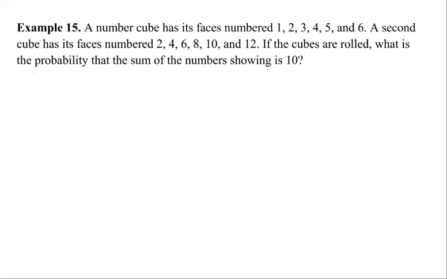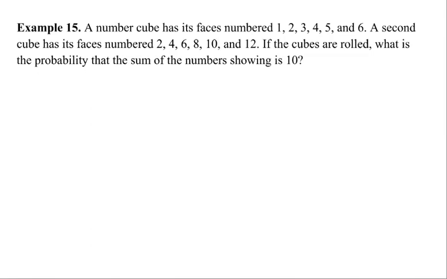Okay, let's see. So basically, it's casework again. So what you would do is find... wait, I lost the question. Okay, if one cube rolls 1, then the second cube has to roll a 9 for it to be 10.